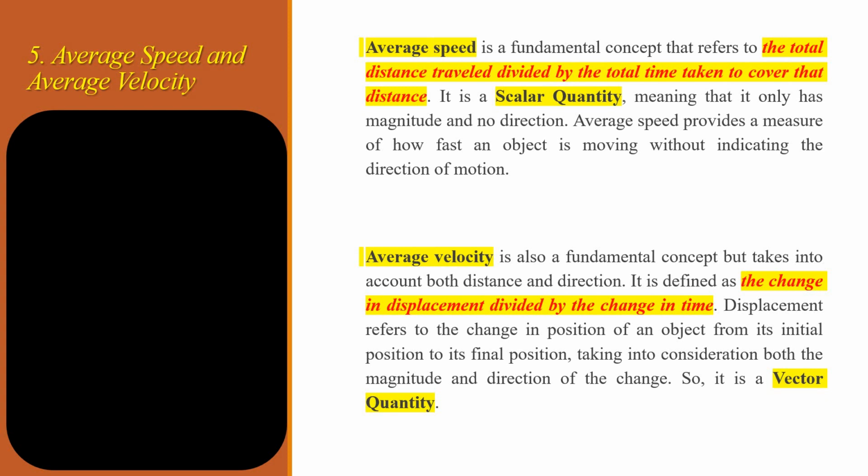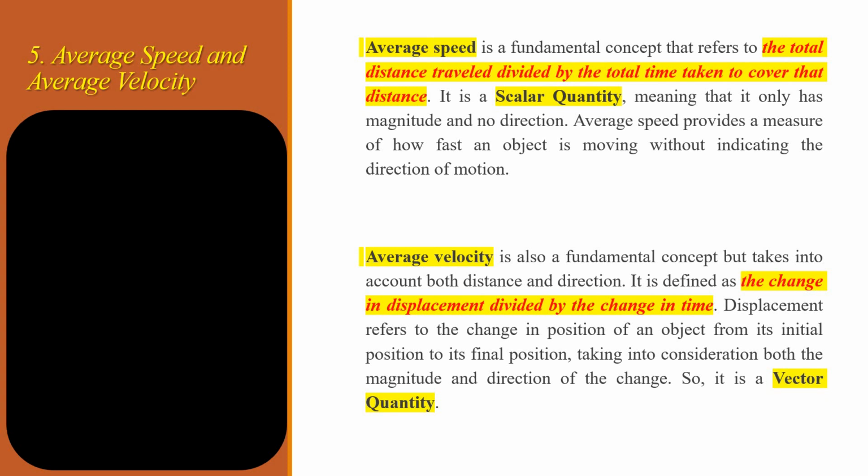Then average velocity. Average velocity is also a fundamental concept, but it takes into account both distance and direction, because it is a vector quantity. It is defined as the change in displacement divided by the change in time.